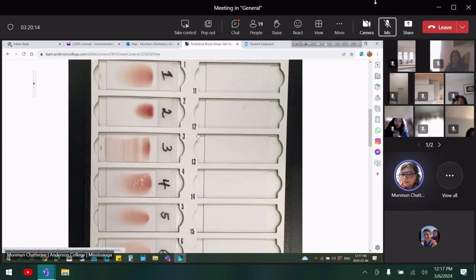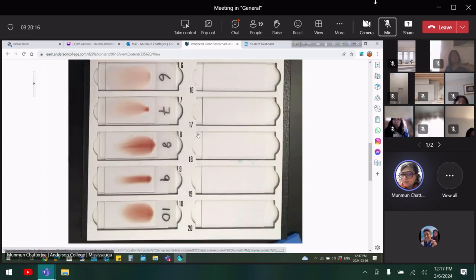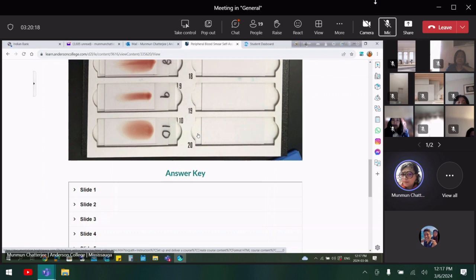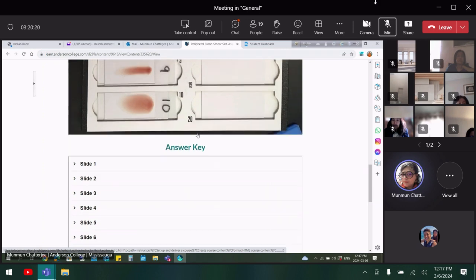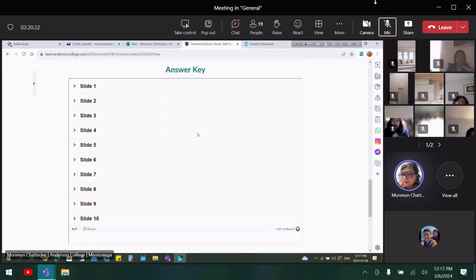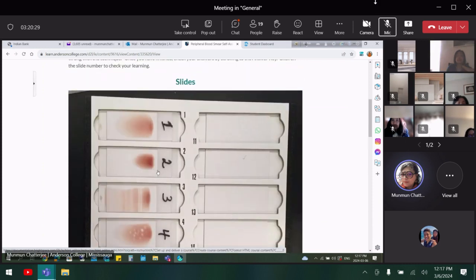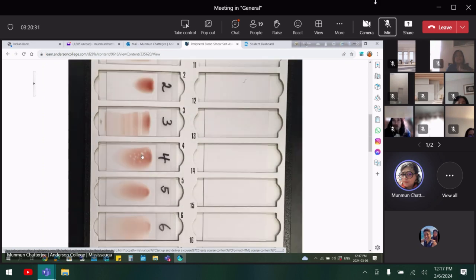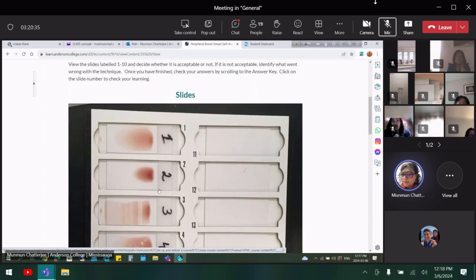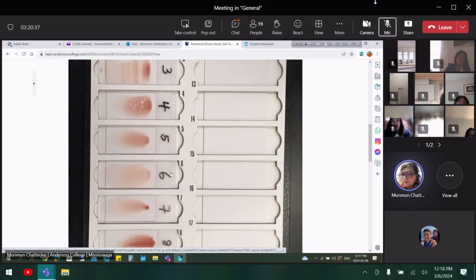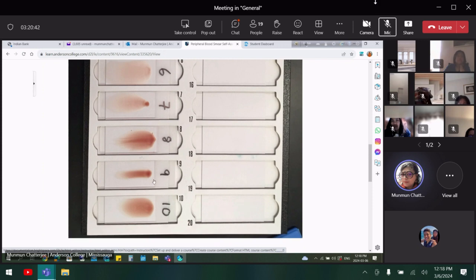This is also your homework, okay? You have to write down what is what from the slide. What is perfect, what is short, what is streak, what is the pad, the plate, where the smear is not uniformly distributed from thick to thin, when it has crossed the edge, and this is the streak, this is too thin, this is not properly done.